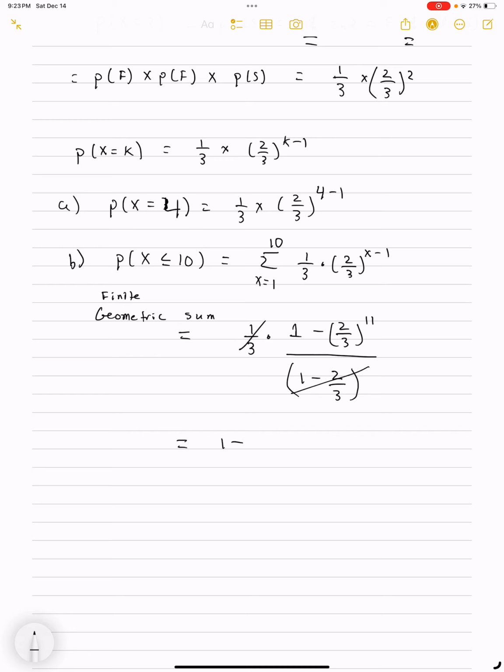We're going to get 1 minus 2/3 to the 11th power. Okay, and that's the exact probability, just using that as a geometric sum.